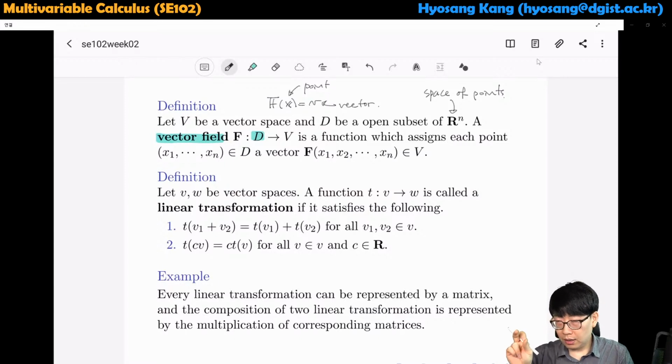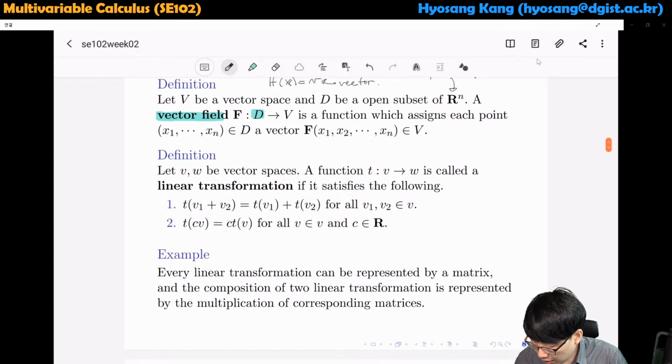If you take an arrow in a two-dimensional plane as a vector, then this vector field is just a generalization of this direction field. So you can take a vector field on any dimensional space to any vector space. And then we are going to see an example of a vector field, going back to the first slide.